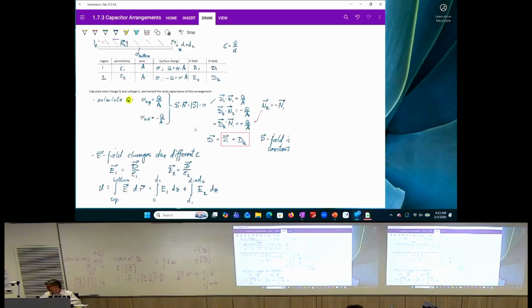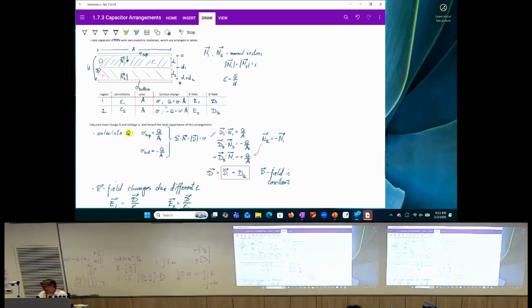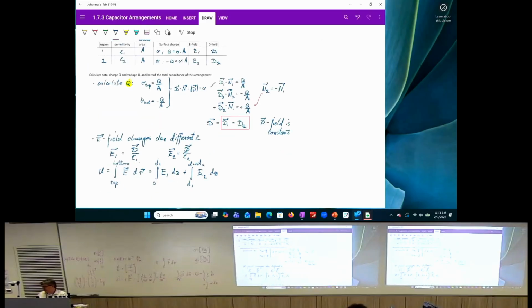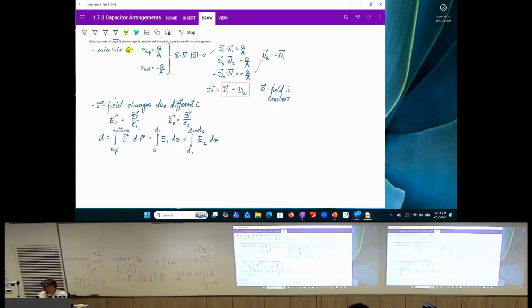The flux density, or displacement field, we obtain directly here from the surface charge. We have the surface charge that gives us the flux density.